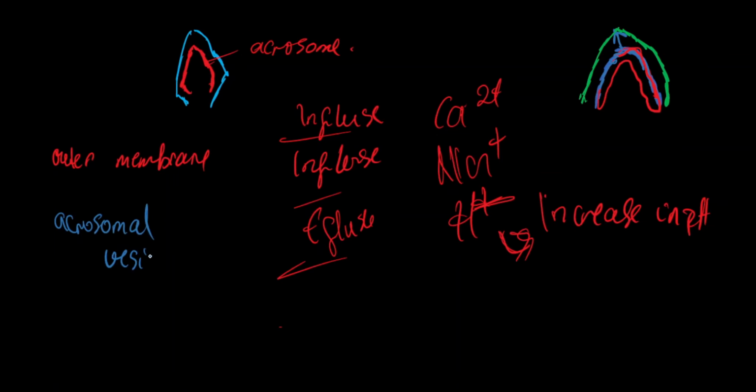These acrosomal vesicles contain acrosomal enzymes, which are lytic enzymes, proteolytic enzymes, and when they are released, they attack the zona pellucida, and the major enzyme in the acrosomal vesicle is acrosin. Alongside other enzymes, it leads to the breakdown of the zona pellucida, and so the sperm is able to penetrate the zona pellucida and get into the perivitelline space.